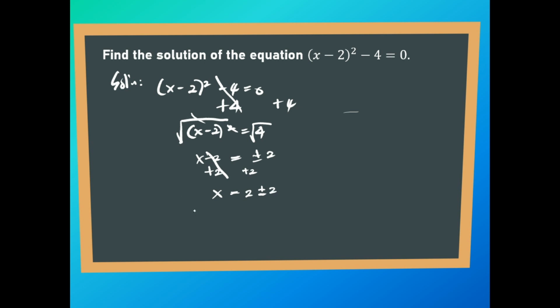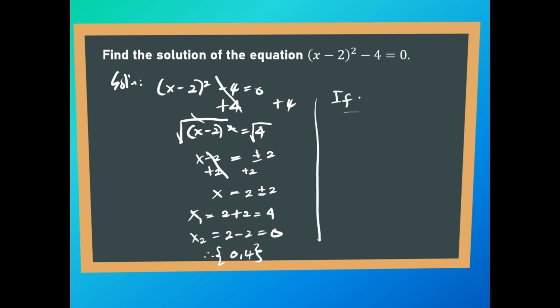So ang mangyari, we have a x sub 1, which is 2. Gamitin natin yung plus. 2 plus 2 is equal to 4. Tapos yung x sub 2 naman natin, gagamit tayo ng minus. 2 minus 2 is equal to 0. So our final answer, solution set is 0, 4. Now let us check if tama ba yung answer natin 0, 4.